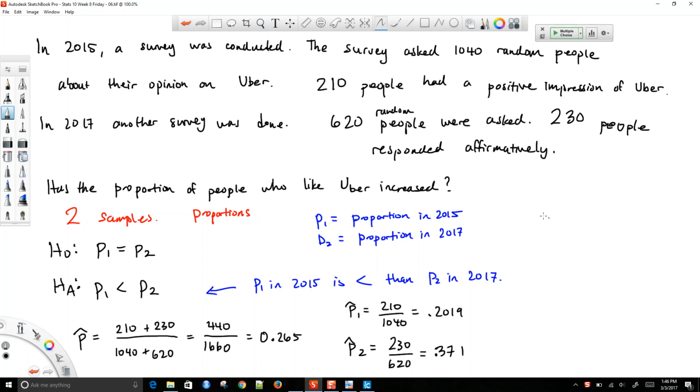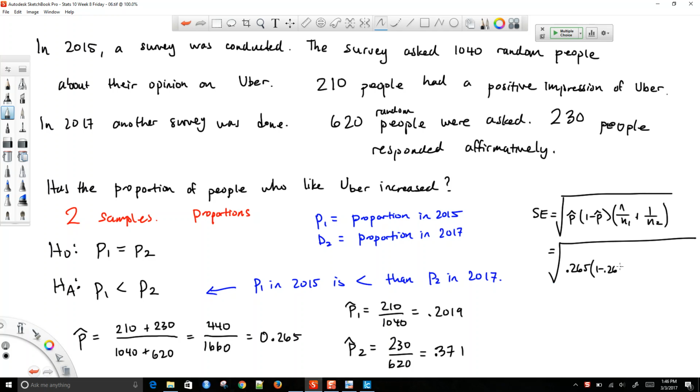I'm going to run out of space here, so I'm just going to do my standard error calculation, which is the square root of p hat times 1 minus p hat, times 1 over n1 plus 1 over n2. So I have 0.265 times 1 minus 0.265 times 1 over 1040 plus 1 over 620.